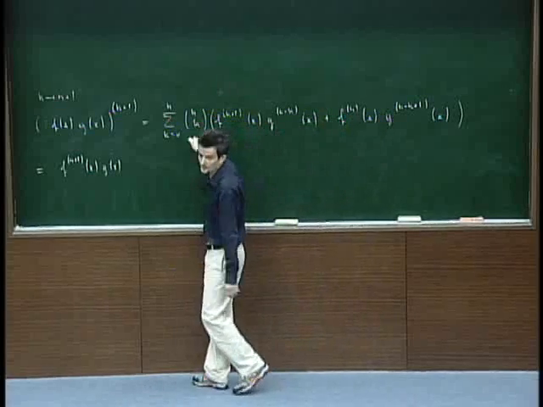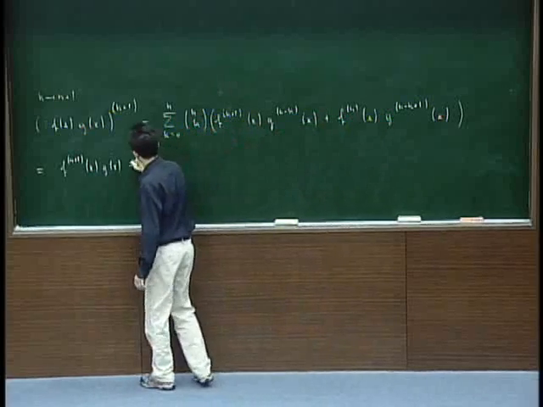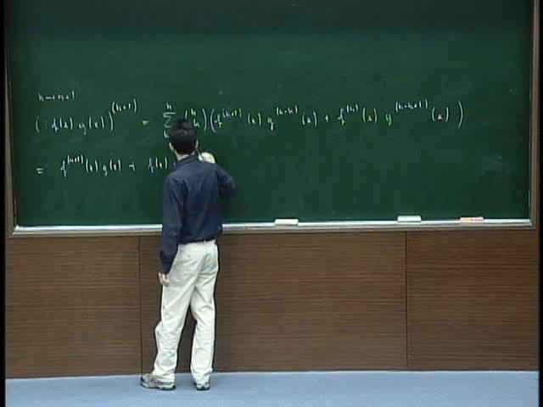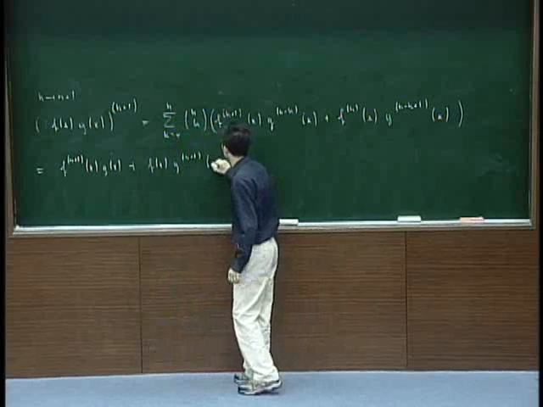So this is the term here, k is equal to n in this sum. And in this sum, we take out the term where k is equal to 0. In this case, the binomial coefficient is also equal to 1. So we have plus f of x and the n plus first derivative of g of x.